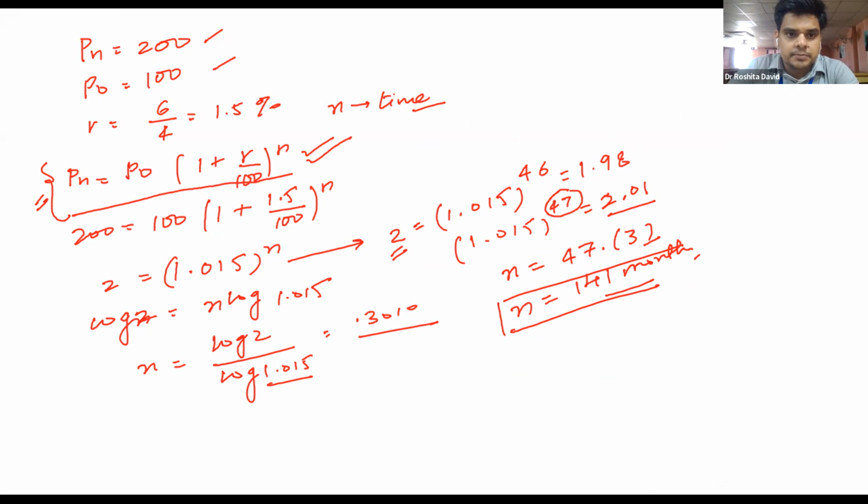Let me start. So in the fifth example, they are talking about the bubble sort algorithm. You know this bubble sort algorithm.